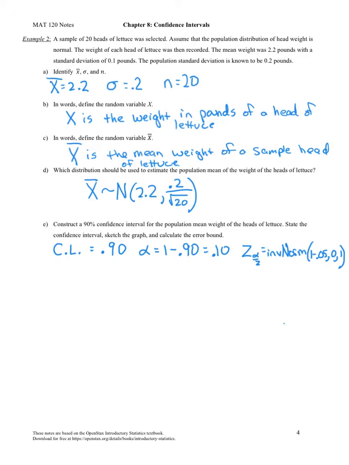From here, in order to get our margin of error, in our OpenStax book, they sometimes like to call it the error bound of the population mean. But please keep in mind, a lot of texts use MOE for margin of error. It's the exact same thing, and that's going to be our z times our standard deviation over the square root of n.